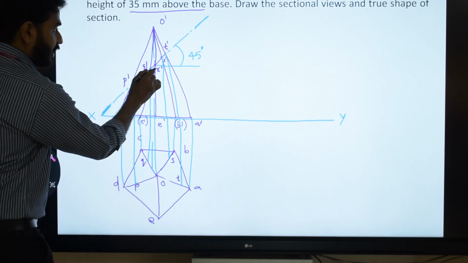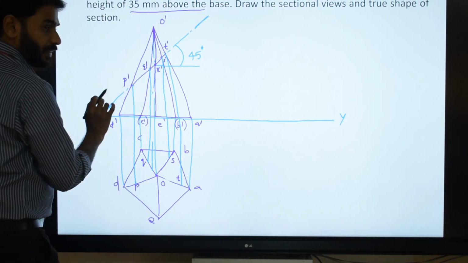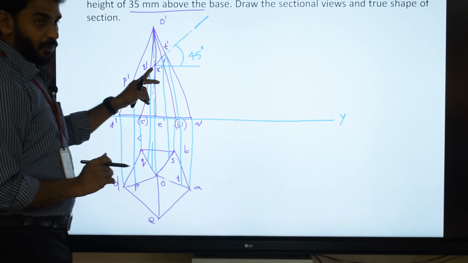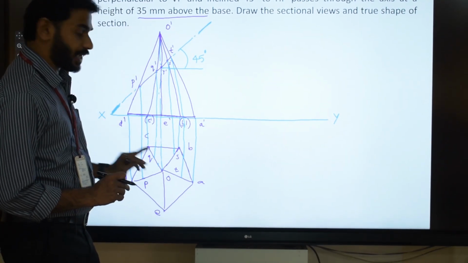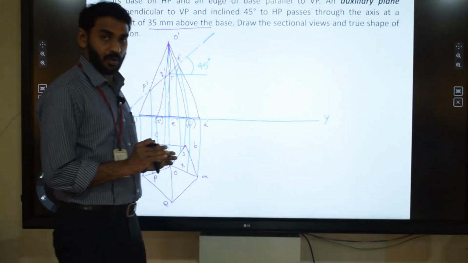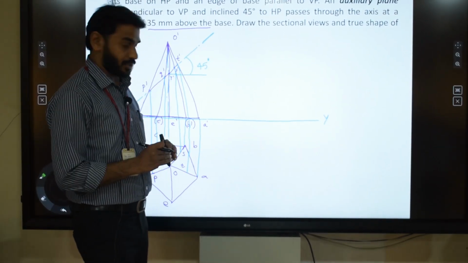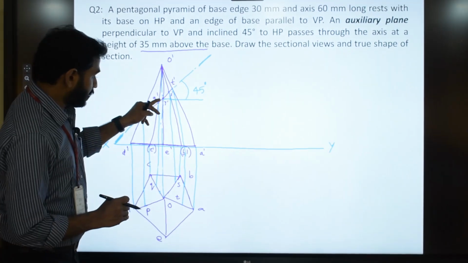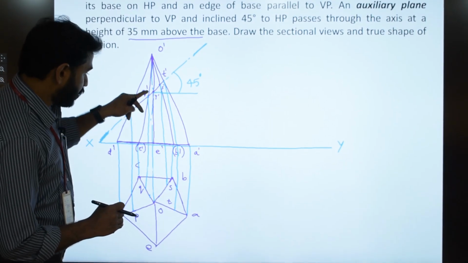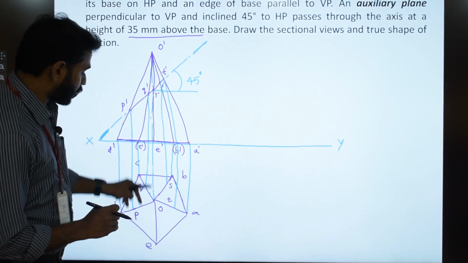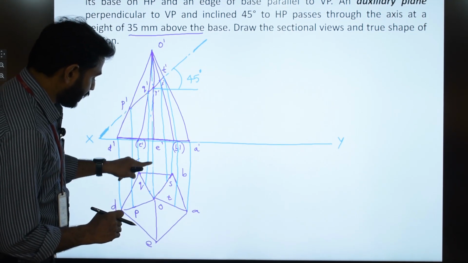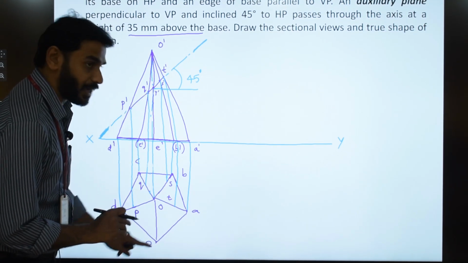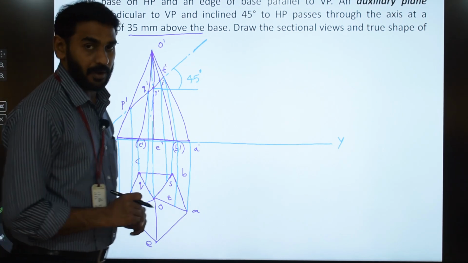Here the cut point R dash is on O dash E dash, therefore its top view will be on OE and on a projector through R dash. We know that the front and top views of a point will always be on the same projector. So when you draw a projector through R dash, you can see that it will just pass through OE. You will not be getting a single intersecting point.